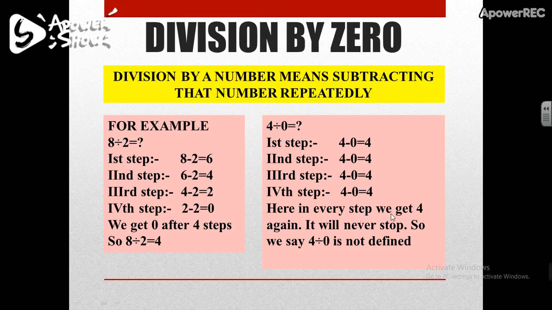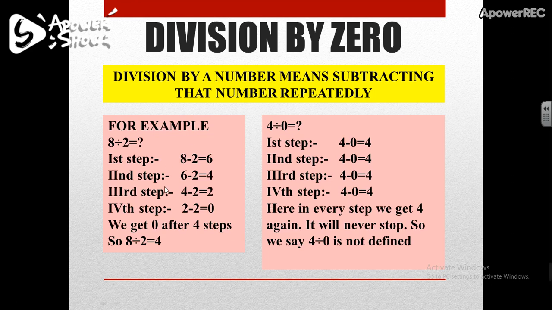In every step we are getting the number 4 again and again, and this process is never going to end. It will never stop. Since this process is not ending anywhere, we say that 4 divided by 0 is not defined. That is why we never divide a whole number by 0. We say that 4 divided by 0, or any whole number divided by 0, is not defined.